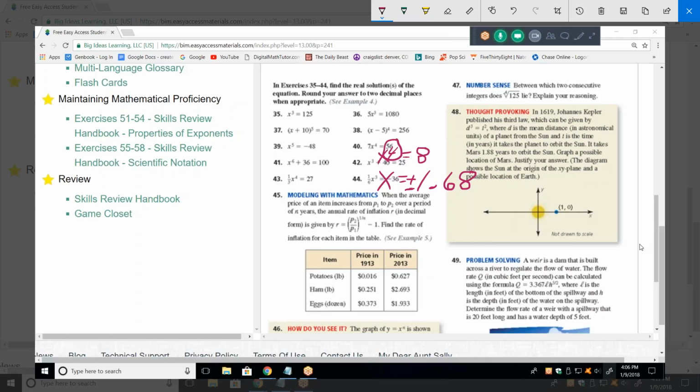If it's an odd root, then it's either a minus or a plus, depending on what that number is. But when it's an even root, it doesn't matter if it's squared or to the 4th power or to the 6th power.